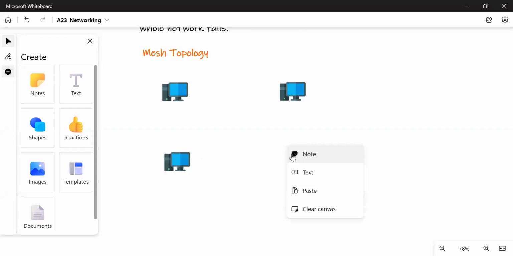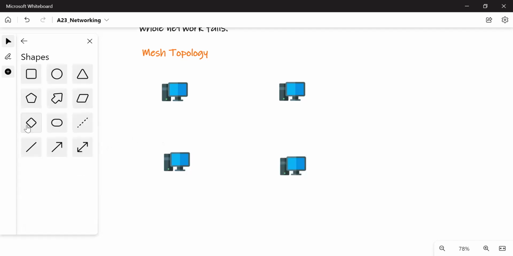right? So let's say I have 4 computers, and computers are connected every possible way. So that means no single direction. So these computers can talk to each other, right?